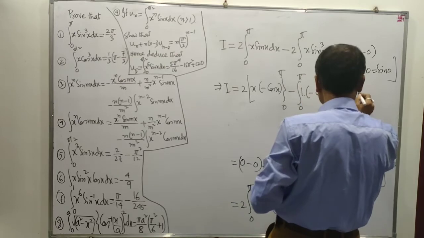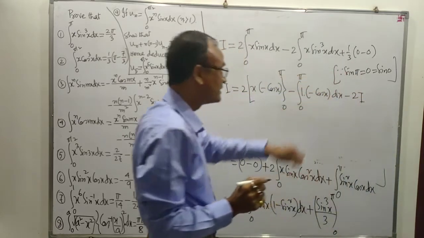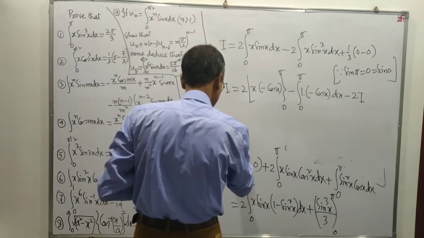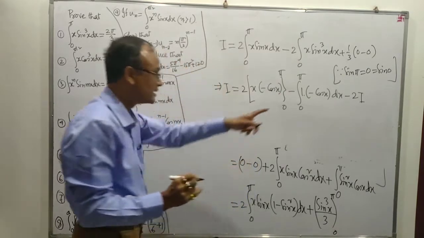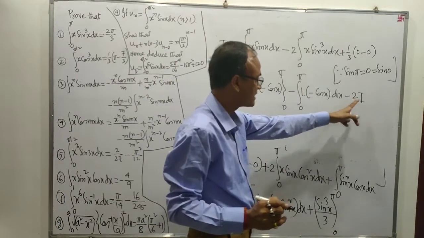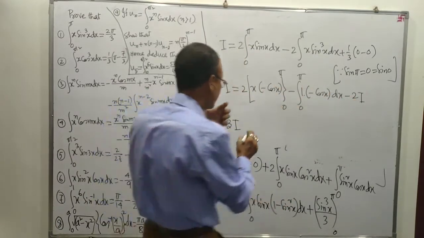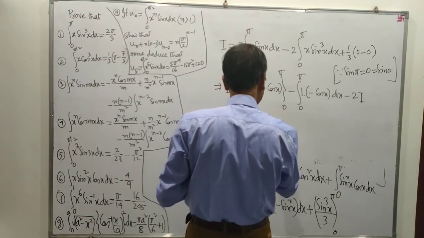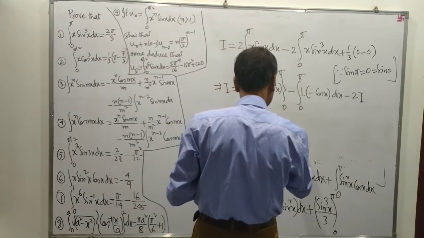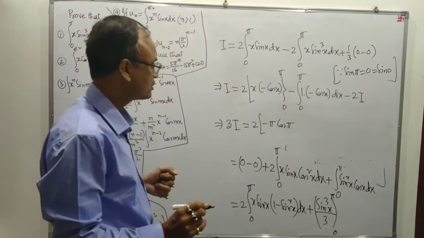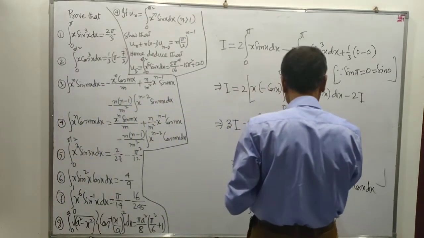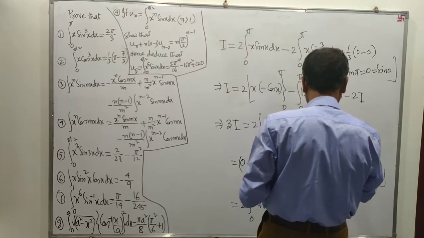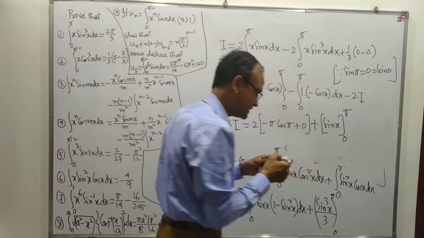It is nothing but twice I. Bring twice I to the left hand side. Thrice I is equal to 2 times of minus pi cos pi, minus cos pi cos pi plus 0, plus it is sin x 0 to pi.